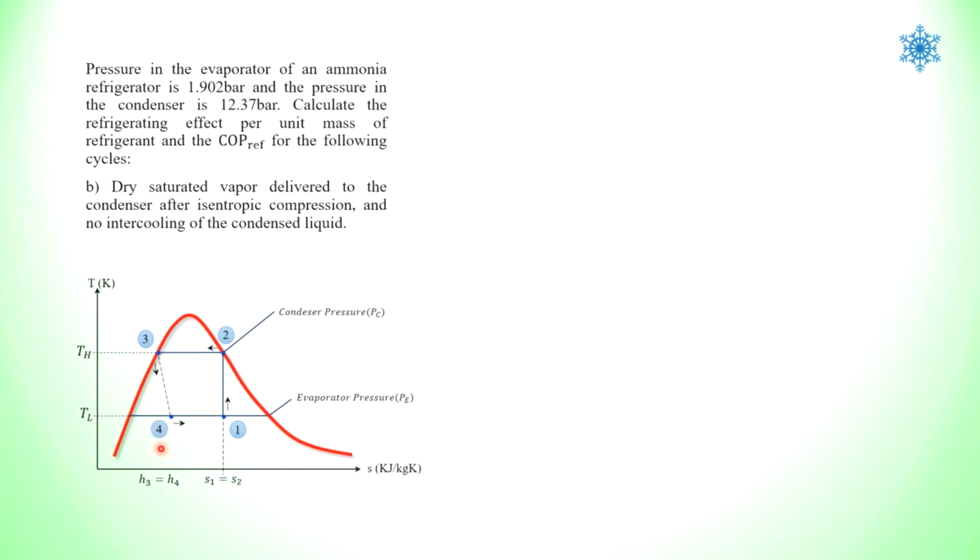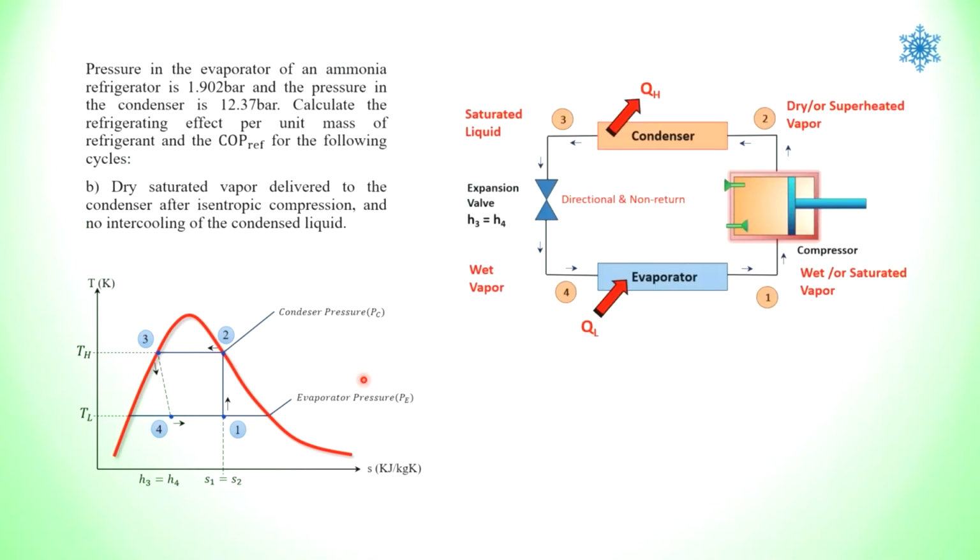So this area is based on the reverse Carnot cycle. For the ideal vapor compression cycle, the area is reduced to this. That means your cooling effect or refrigerating effect has been reduced. Okay, so that is the limitation of the ideal vapor compression cycle.